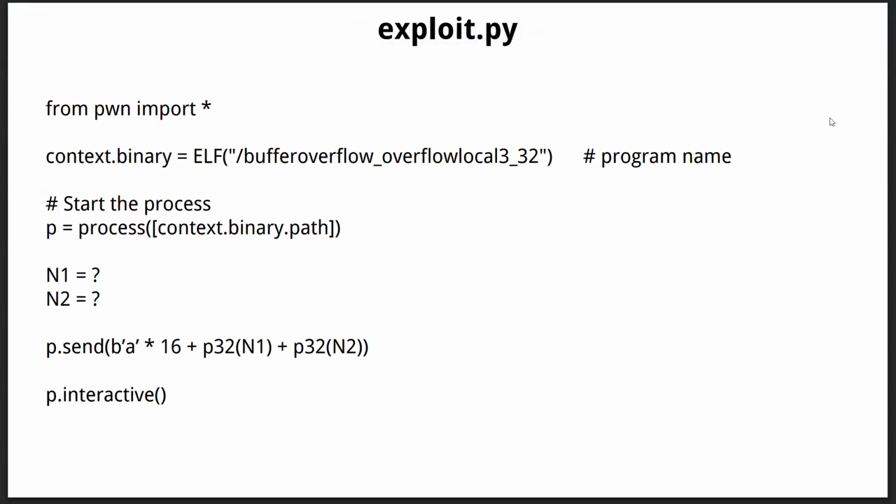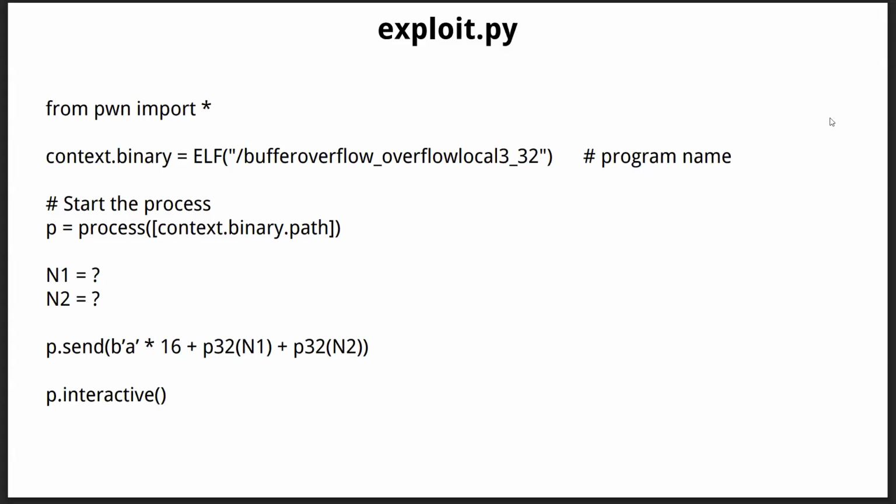Then we are going to convert each to a 32-bit number. That's why p32, the function provided by this library. This one is not taking input from a command line argument, that's why we're doing p in that process. p.send. We're going to send this to the program. So either way works.